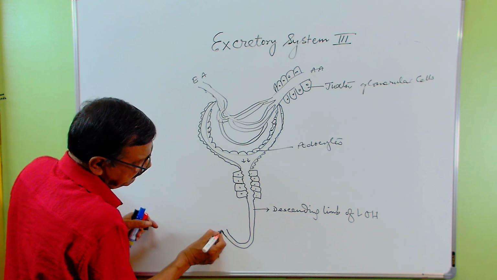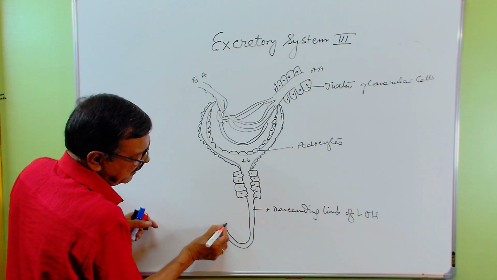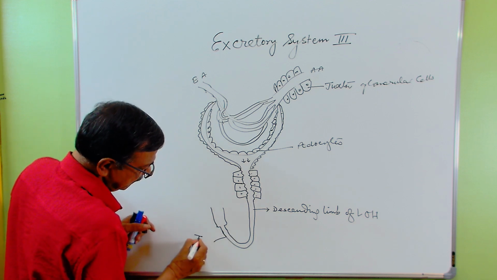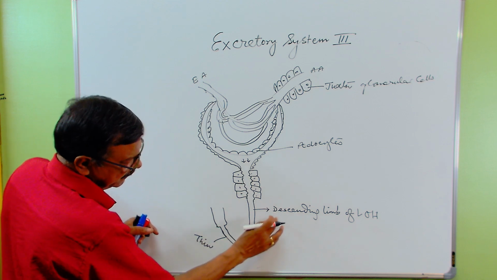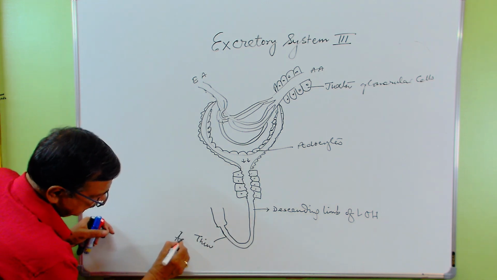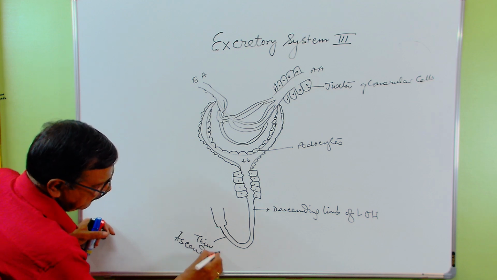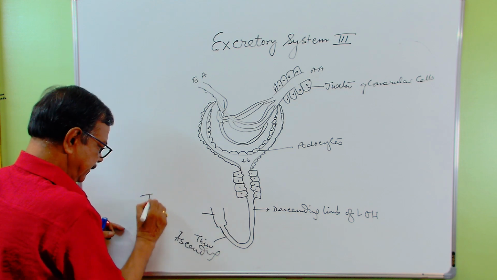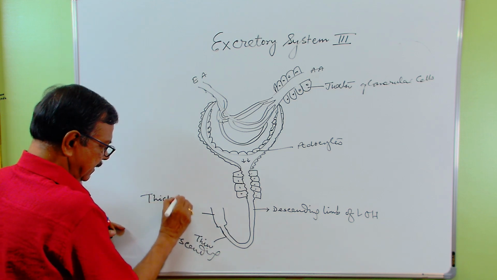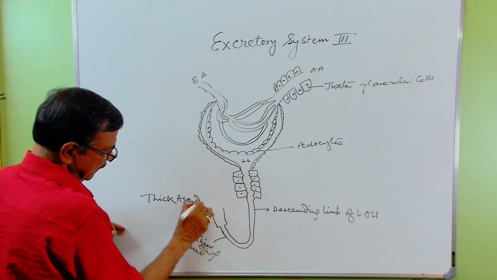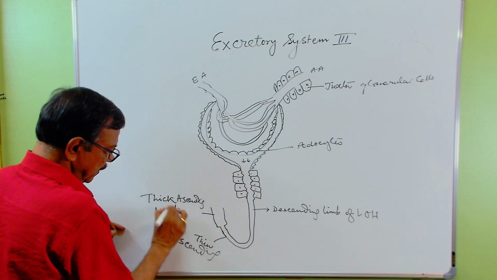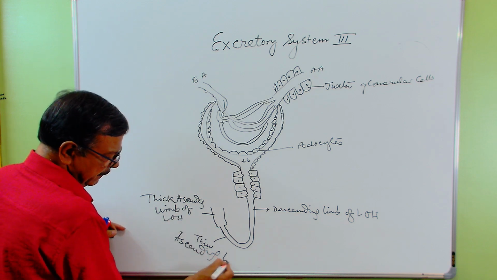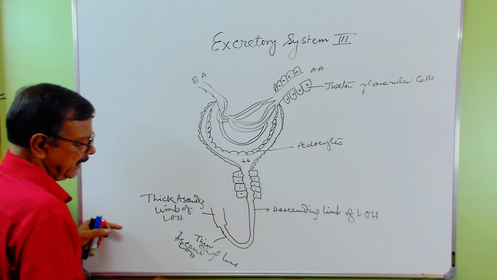It is thin first and then it becomes thick. So this is the thin descending, ascending. This is the thick ascending limb of loop of Henle. This is the thin ascending limb of loop of Henle.